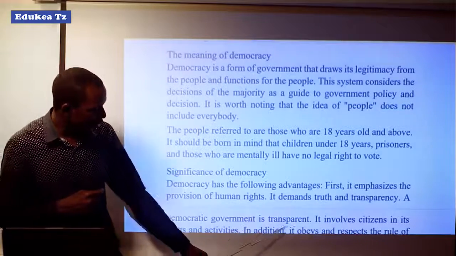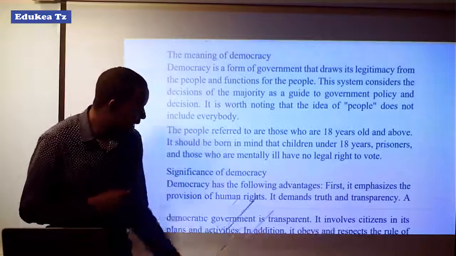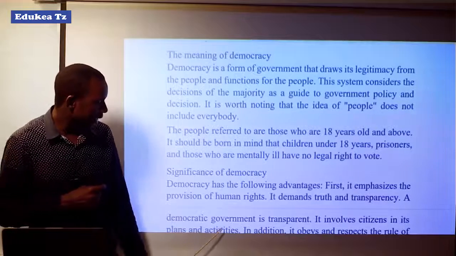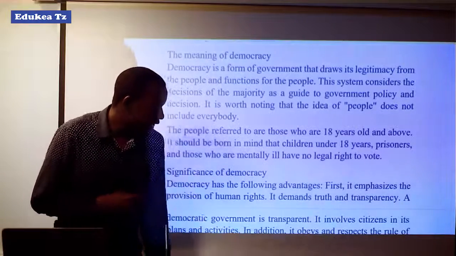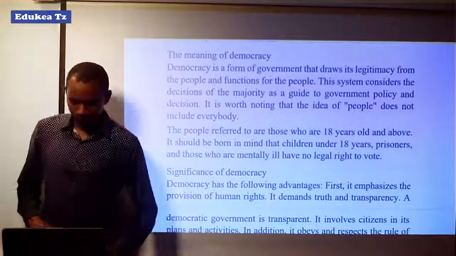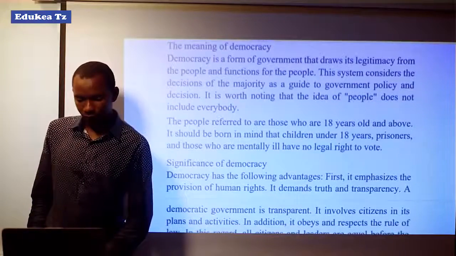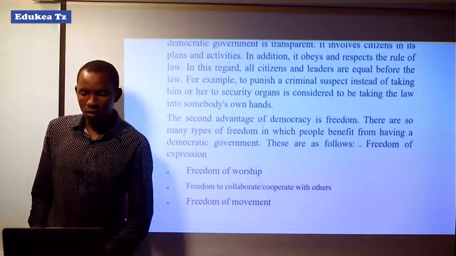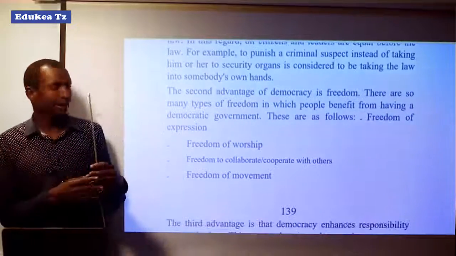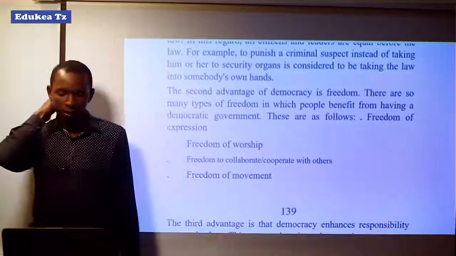A democratic government is transparent. It involves citizens in planning and activities. In addition, it obeys and respects the rule of law. Those are the significances of democracy.